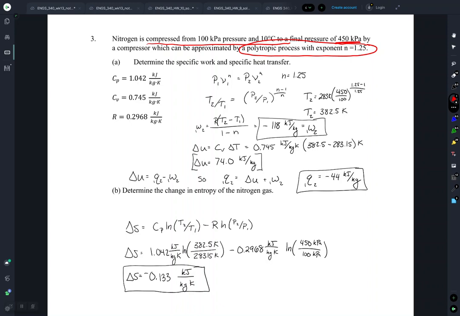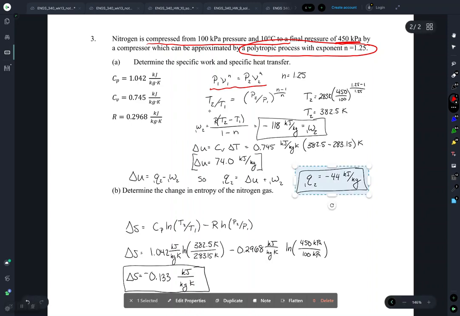So what do we know about a polytropic process? Well, we can look at our equation sheet and find an equation relating pressure and volume. But we don't have pressures and volumes, so we'll look a little bit up from that in the same location and find one with the variables that we happen to have for our specific problem, temperature and pressure.